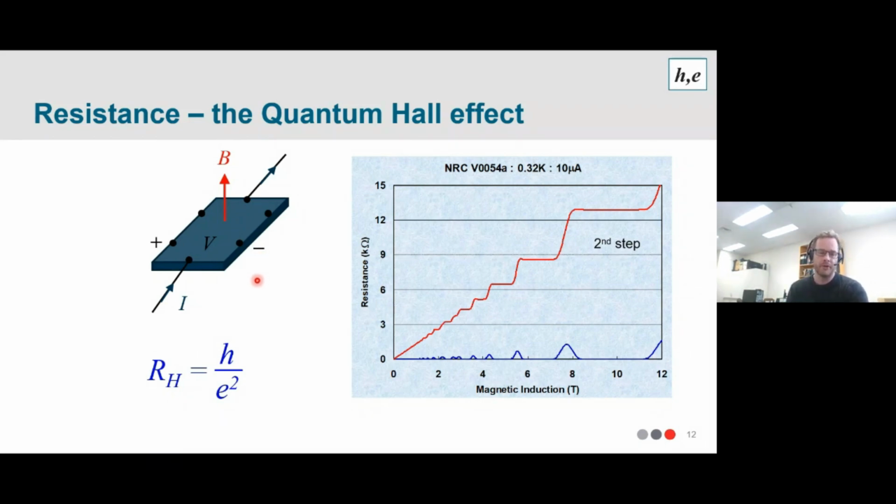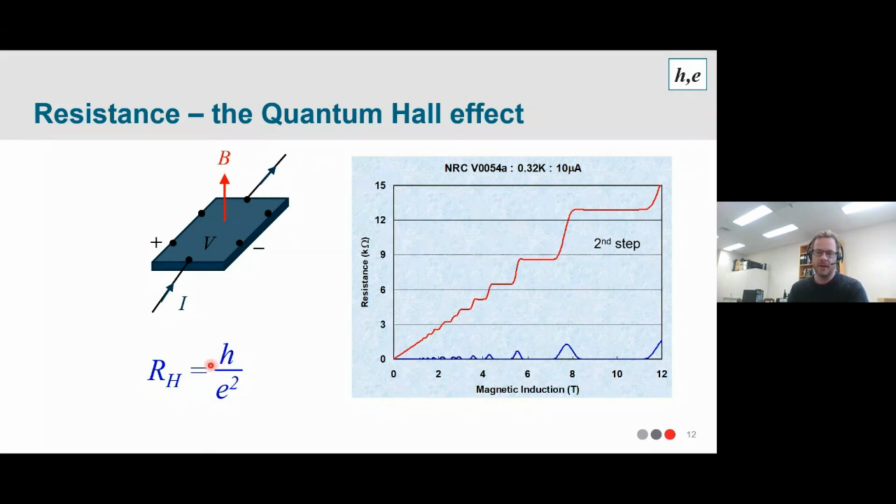He found that when you take a quantum Hall device, I think he was using a silicon semiconductor, and we at NRC use a gallium arsenide sample, if you put that in a magnetic field and cool it down to cryogenic temperatures, then you can get a resistance. The current will be moving through the sample one way, and a voltage will be generated transversely on the other side within the magnetic field.